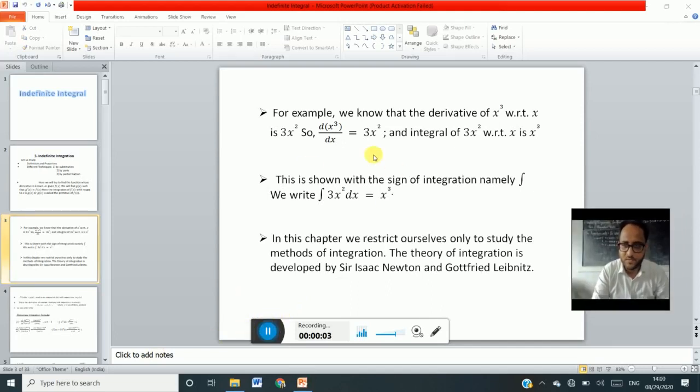See the example. We know that the derivative of x cube is 3x square, right? Therefore the integral of 3x square with respect to x is x cube, right? And this is shown with the sign of integration, and we write it as integration of 3x square is x cube, right?